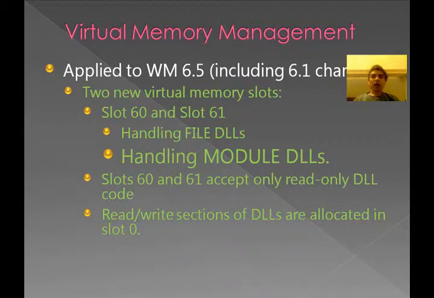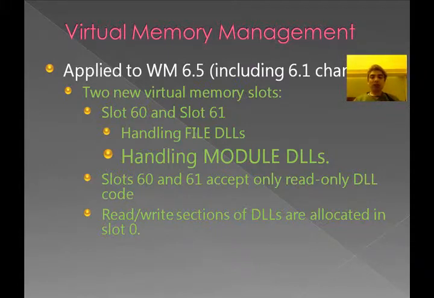Then we made some changes in that design of 6.1, which is 6.5 now. The first change is that we are still using slot 60 and slot 61, however we made them available for module section DLLs. So all the module section DLLs can be loaded in slot 60 and slot 61.